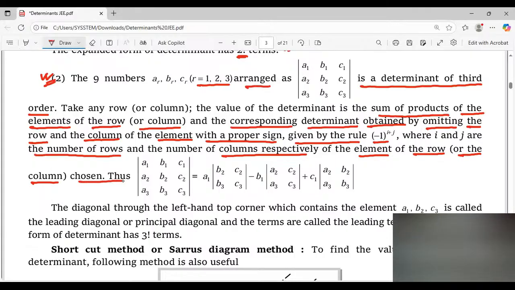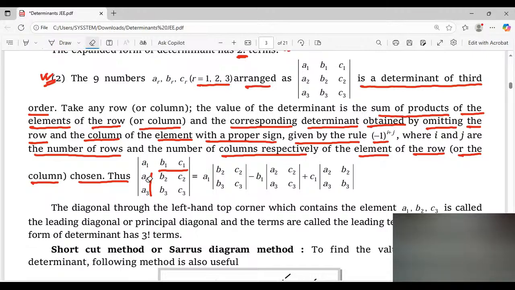So A1 B1 C1, A2 B2 C2, A3 B3 C3. When we consider A1, we cancel out its row and column, and then we get B2 C2 B3 C3.